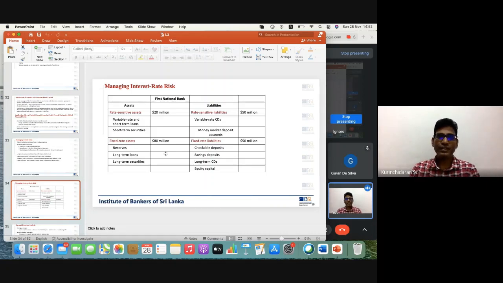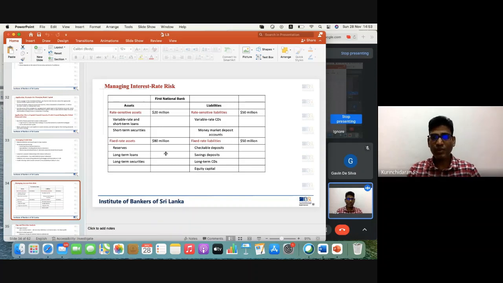But fixed rate liabilities are checkable deposits, saving deposits, long-term CDs, and equity capital. Checkable deposits, we don't pay any interest. Saving deposits, once you fix it, you don't need to change it. Long-term CDs and equity capital are fixed rate liabilities.